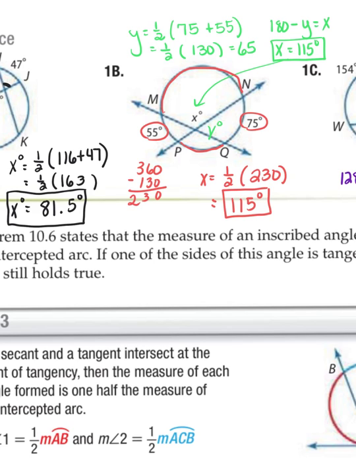Okay, the 128's arc is 154, and its vertical angle's arc is the x. So we can still solve for one of the arcs. This way, I would multiply both sides by 2 first. That would give us, what, 256? And then my 1/2 would cancel away. So x would be 102 degrees. So there's some examples.